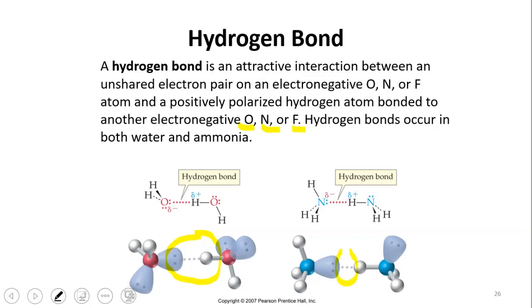Again, we use these dots to connect them and represent them. These are very, very strong interactions, stronger than a regular dipole-dipole and stronger than London dispersion forces. And they explain why the boiling points of water, ammonia, and hydrogen fluoride did not follow that trend that we saw across their respective families or groups.